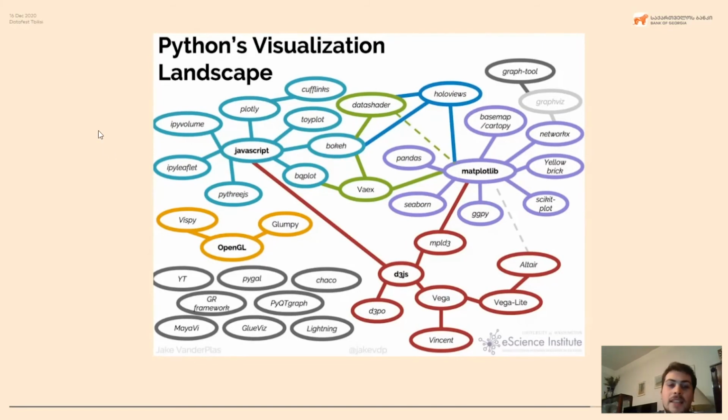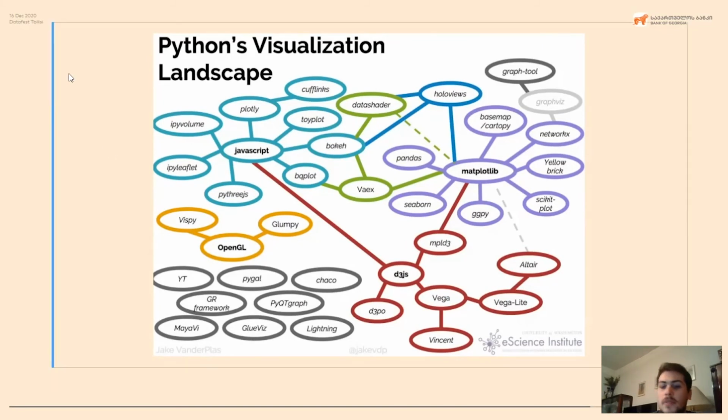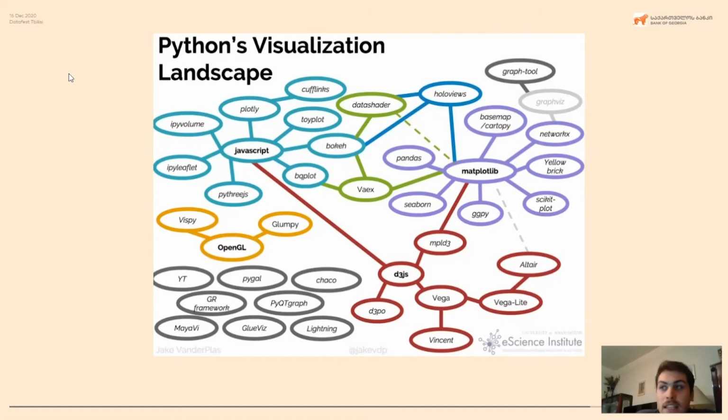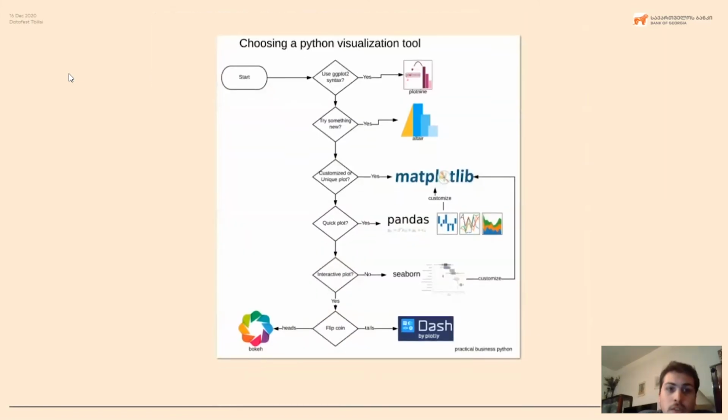So I really like this landscape example, but let's move on to the next one, which I also like very much. I like this diagram, which I took from Practical Business Python. Here is a flow for how to choose the correct tool.